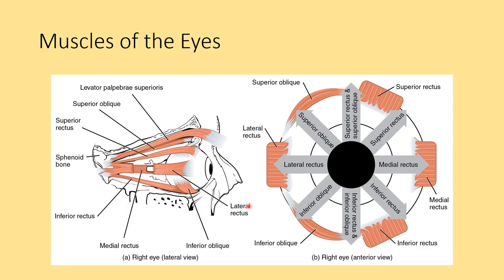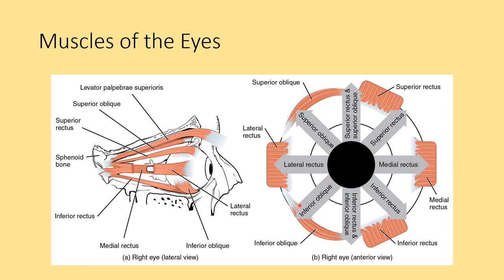Typically either the lateral or the medial rectus, those are the ones that sometimes one of those muscles may be much stronger than the other, and so it tends to pull the eye. This is the pupil of the eye here. It would tend to pull the eye in one direction versus another.